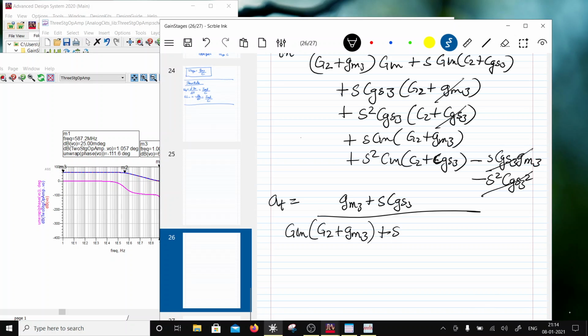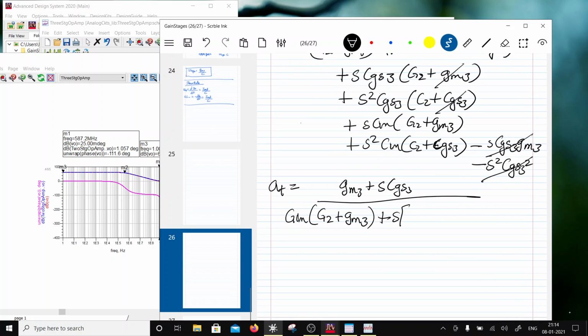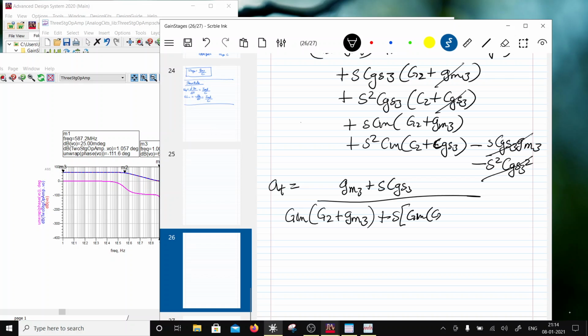Plus the S terms I will collect. So the S term will be G in times (C2 plus CGS3), right?